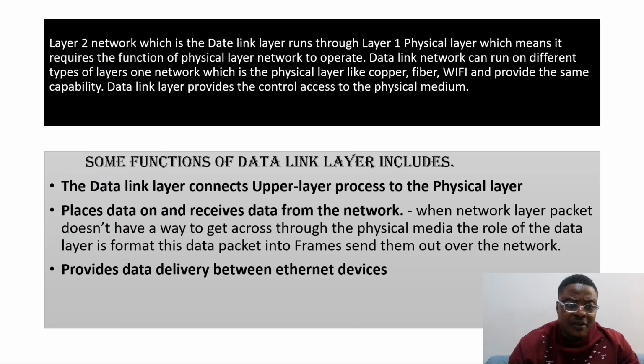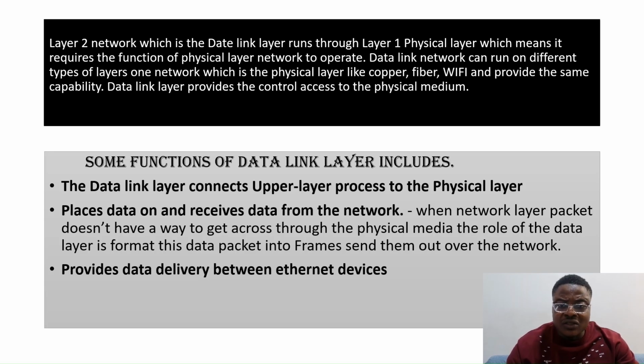So now, layer 2, which is the data link layer, runs on top of layer 1, the physical layer, which means it requires the function of the physical layer network to operate.